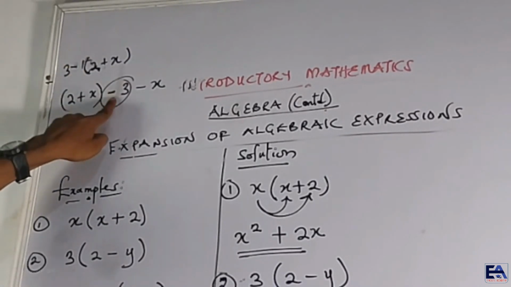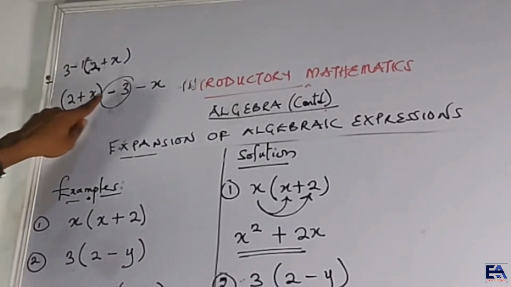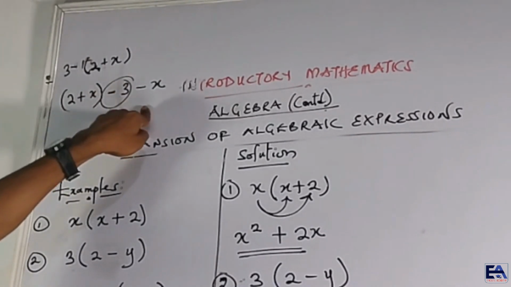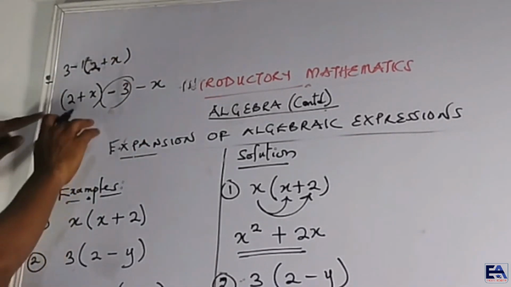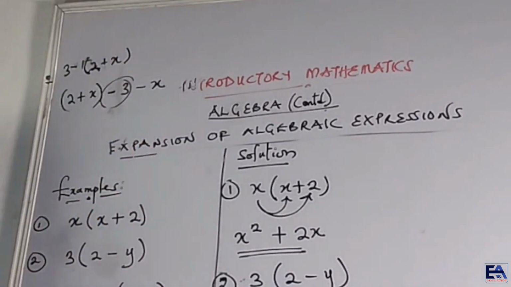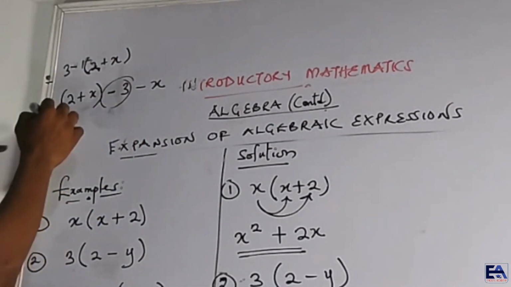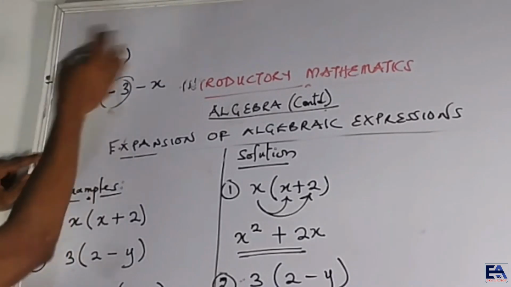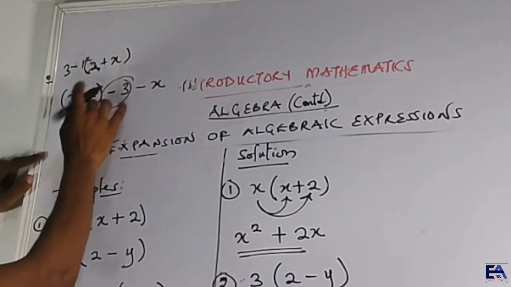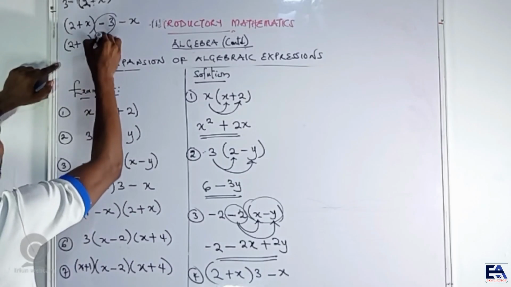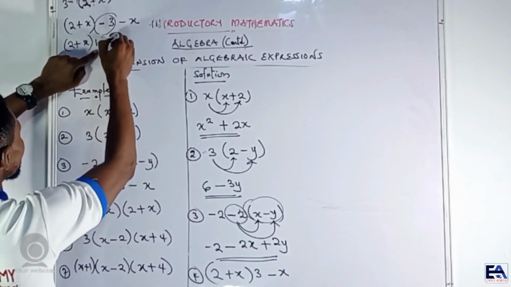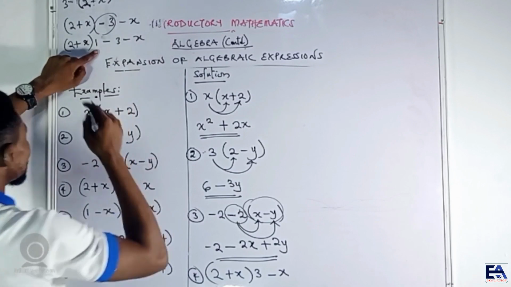Neither does this minus have any business with the bracket, because the minus belongs to 3. So it goes that way, okay? As far as this bracket is concerned, what is closest to it is 1. Let me write it again. We have 2 plus x. What is closest to it from the right-hand side is 1. It's as if we are writing 2 plus x, okay, multiplied by 1, all right? Then minus 3 minus x. So that's just the scope.